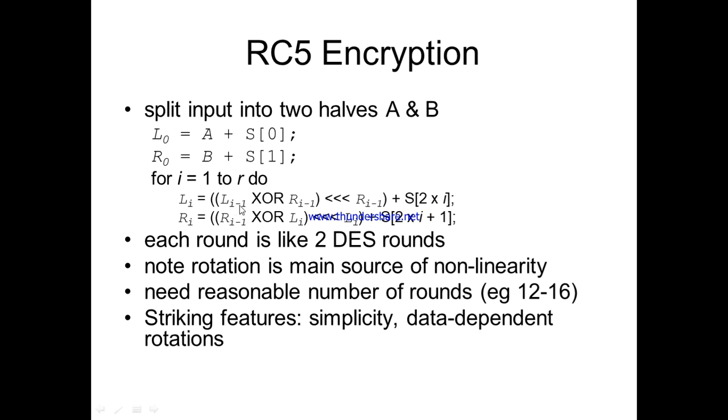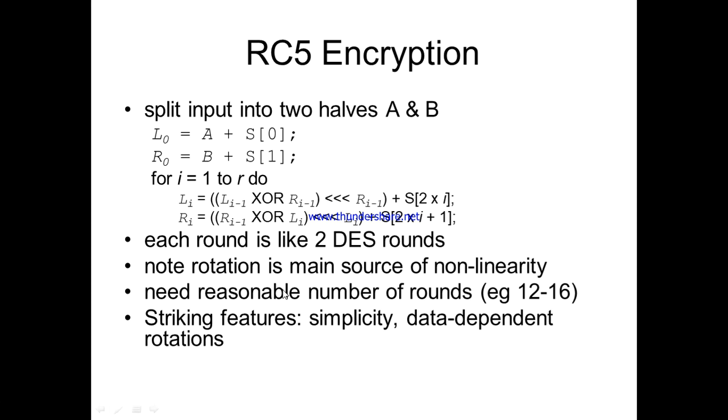It is simply using XOR, left shift, addition, and subtraction. So that is the main advantage of RC5 over the DES algorithm. DES uses an expansion function, then substitutions and permutations. But the implementation here is very simple, with XOR, left shift, addition and subtraction operations.